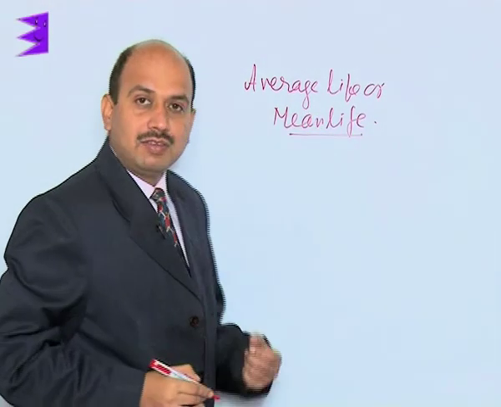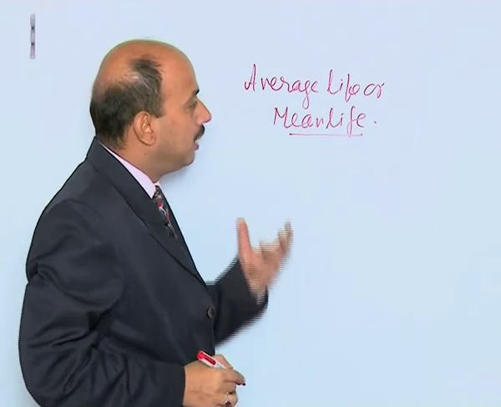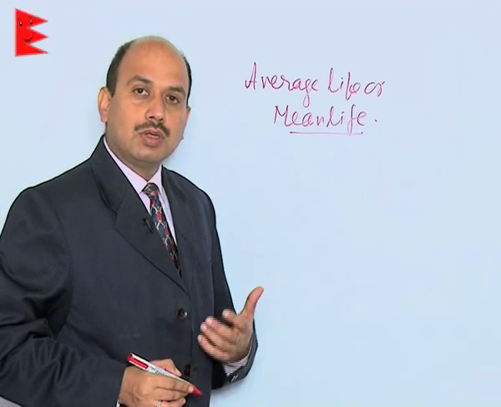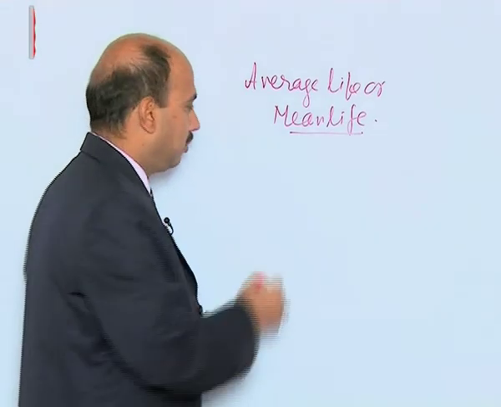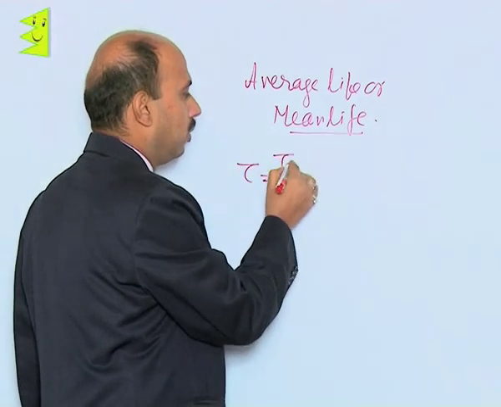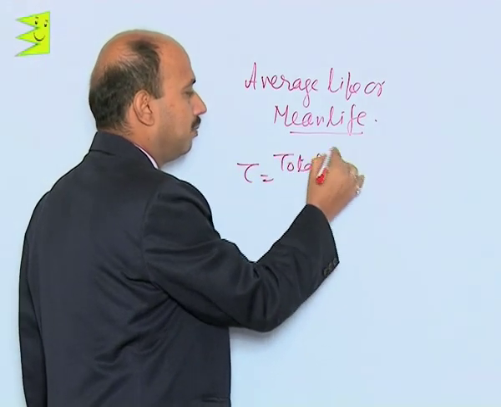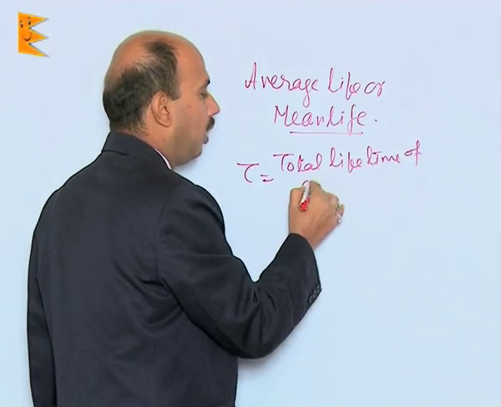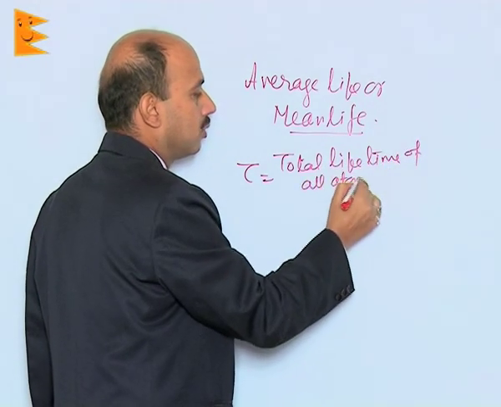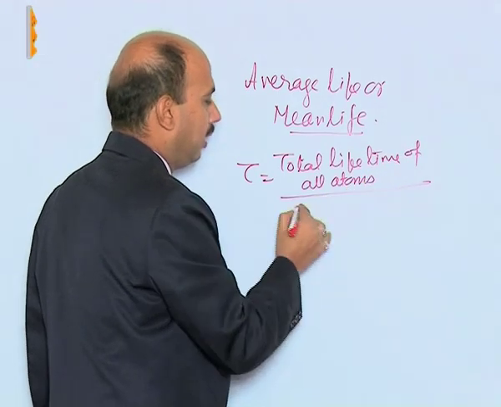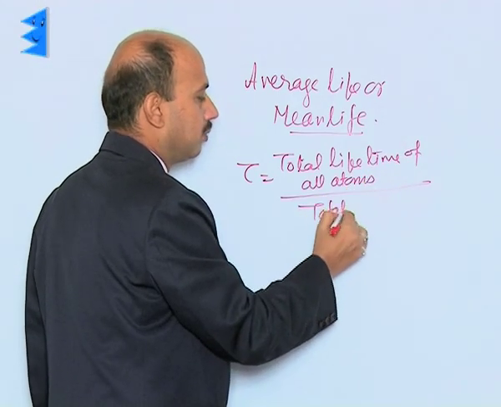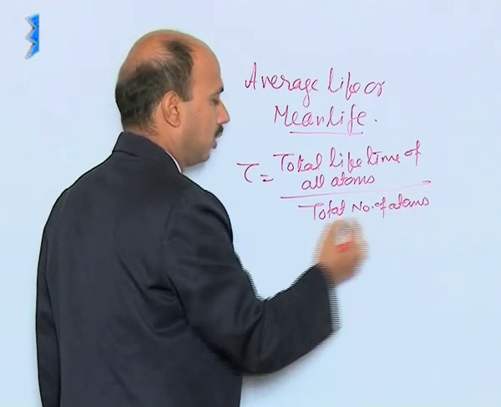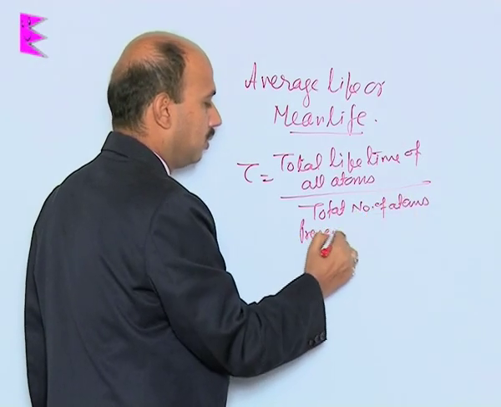See, average life or mean life of the radioactive element or the radioactive material is equal to total lifetime of all the atoms, that is tau is equal to total lifetime of all atoms divided by total number of atoms present in sample.